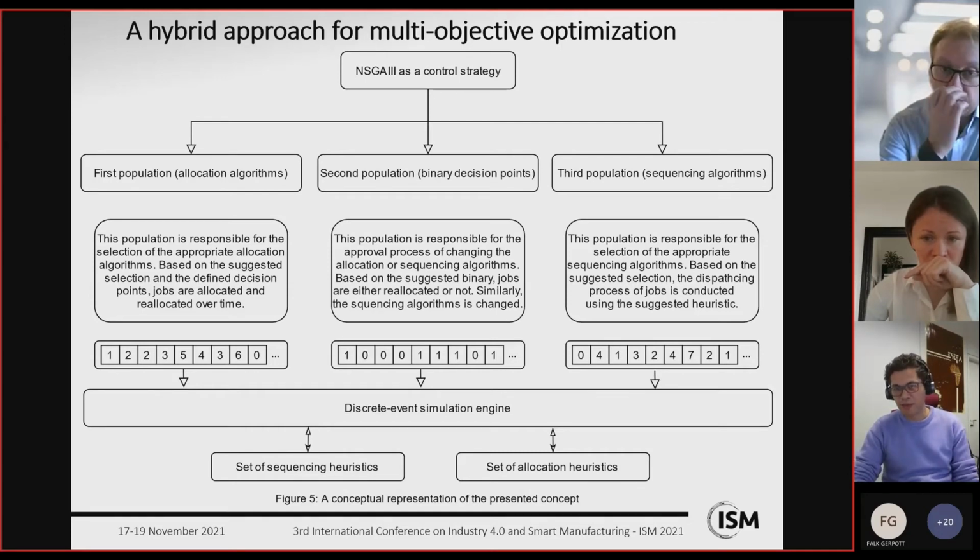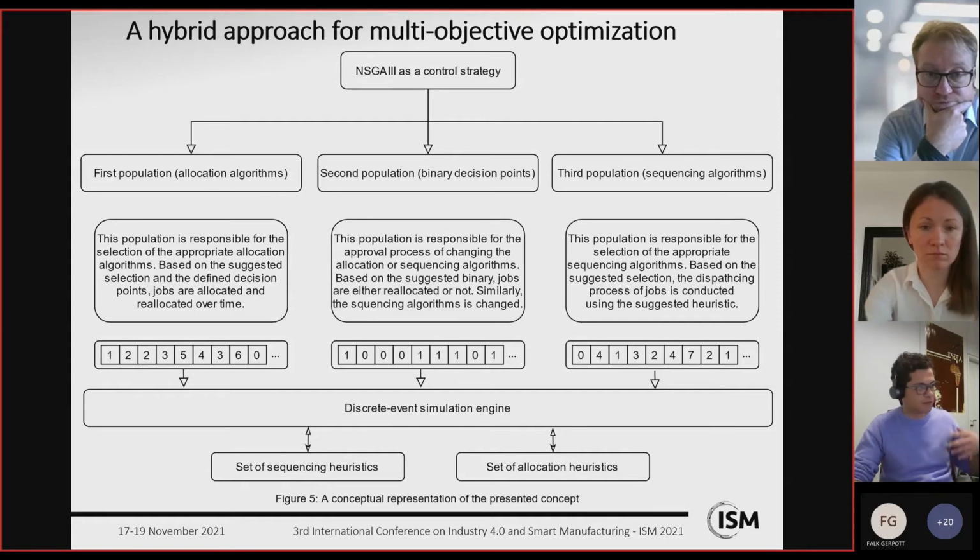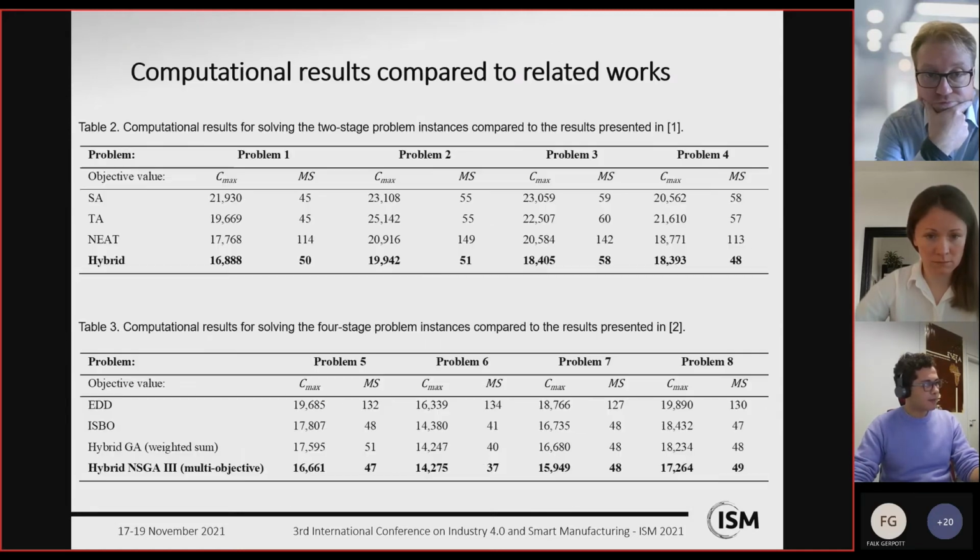We built a simulation model, which is based on Python, that has, of course, access to those sets of allocation and sequencing algorithms. And I think I will elaborate more based on those questions. And I will discuss directly the computational results.